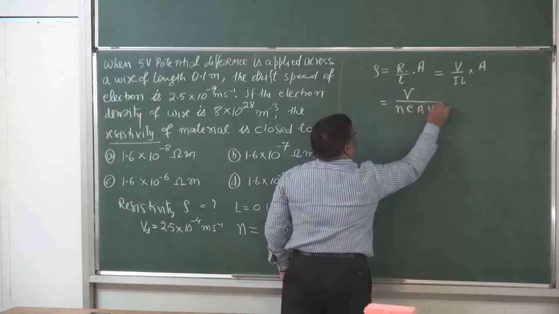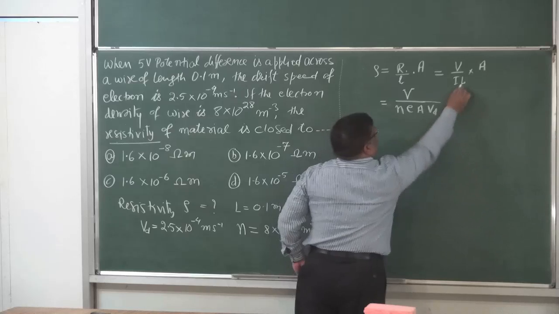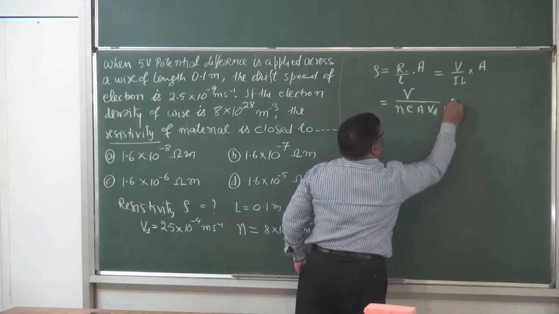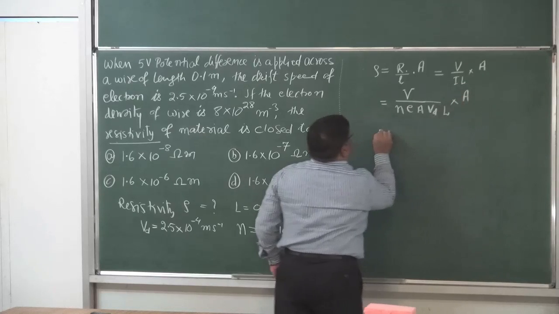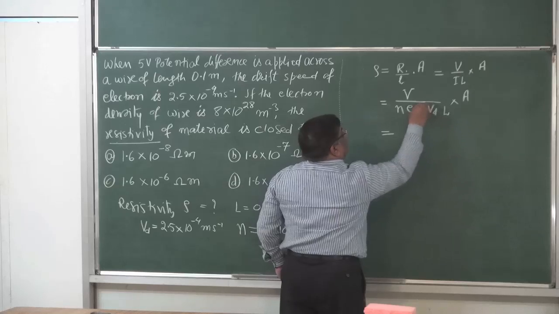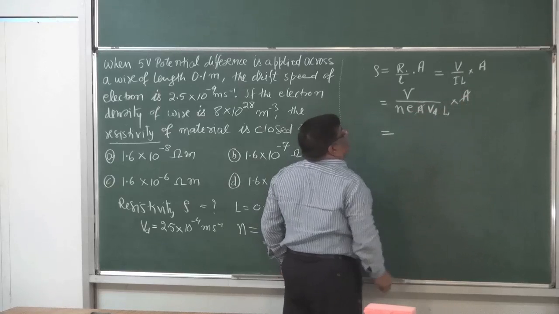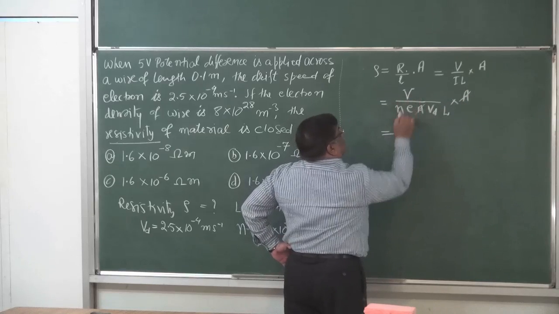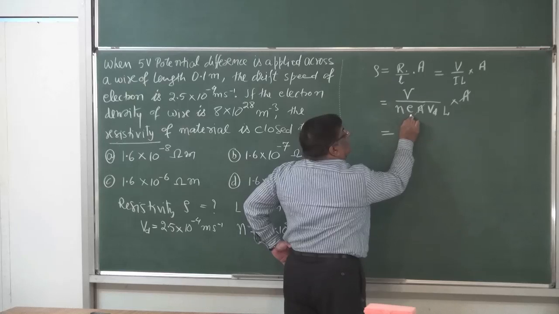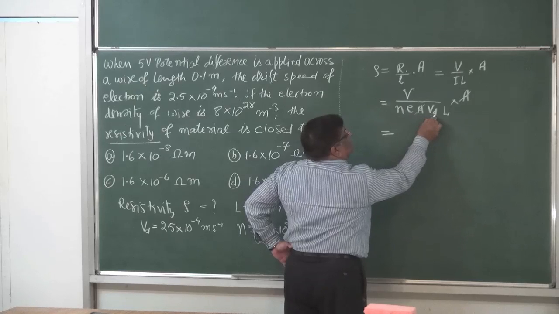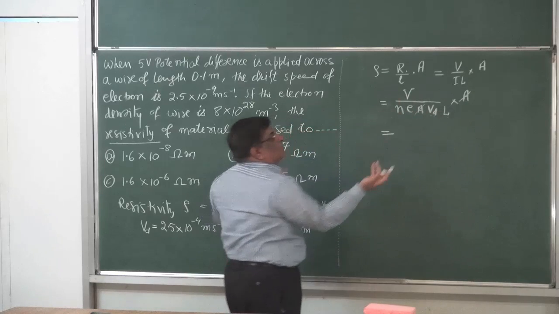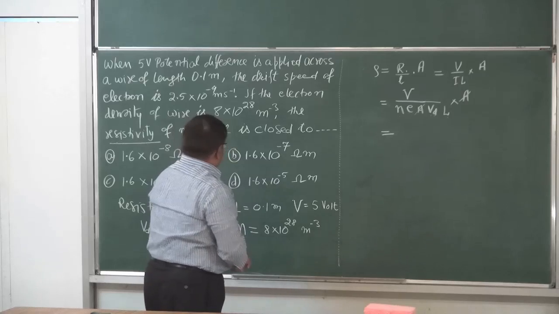This formula you all remember. n e A v_d, and this is length into area. So here area is cancelled. Now voltage is given, n is given, e we have in knowledge, drift velocity is given, L is given. Put the values and you get it.